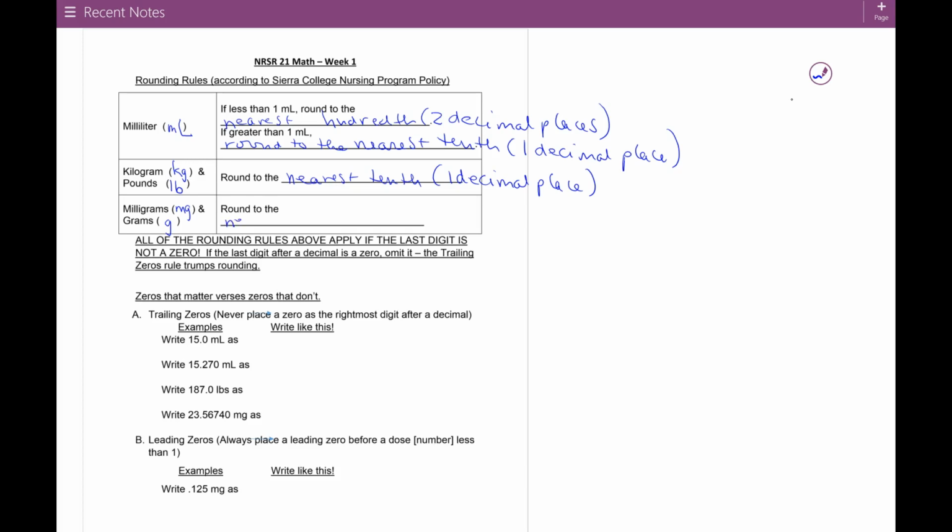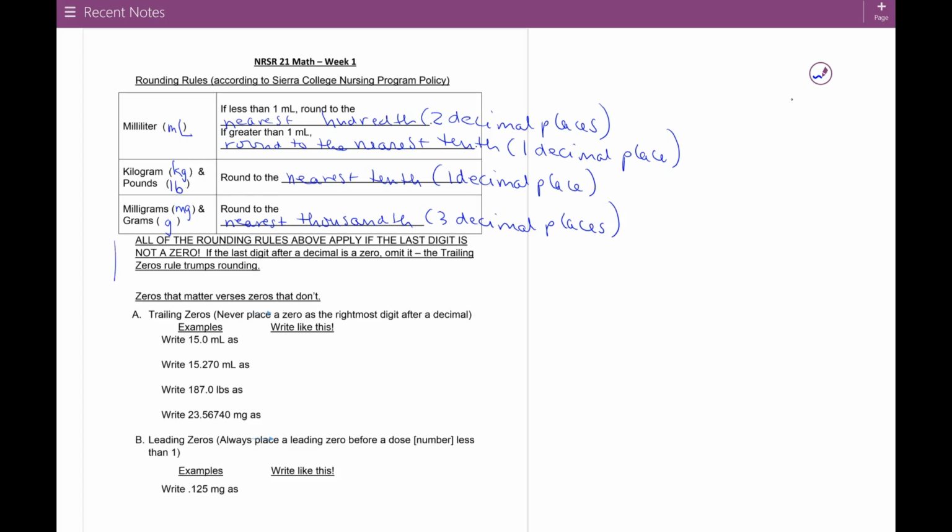We round to the nearest thousandth, and that's 3 decimal places. I would probably make myself some flashcards for these because they're all different. So it would take me a little while to get them all clear. So that's a suggestion.